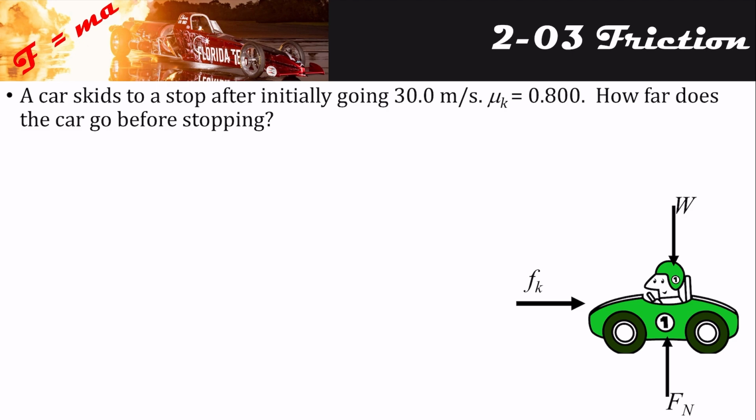So in forces, our main formula is F equals ma. So we're going to work in the x's and the y's. Let's start in the y's. If I say net force equals ma, in the y's I have the normal force up and the weight down.